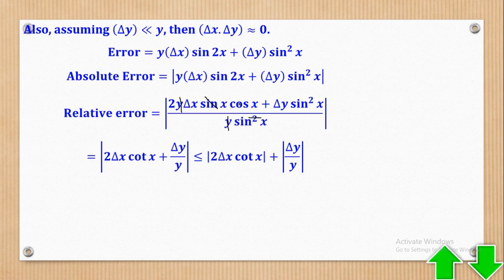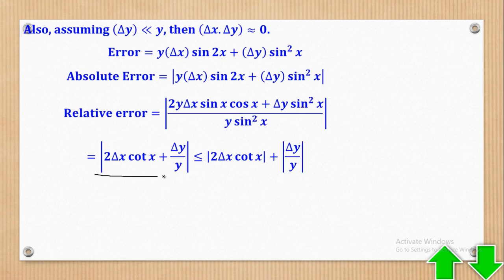Then cos x over sine x is the same as cot x, that is why there is this cot x there. Then this 2 is here and this delta x is there. That is for the first term. What about the second term? For the second term, I'll say this divided by that. When I divide, you realize that this sine squared x cancels with this sine squared x, so I remain with delta y over y, which is that.